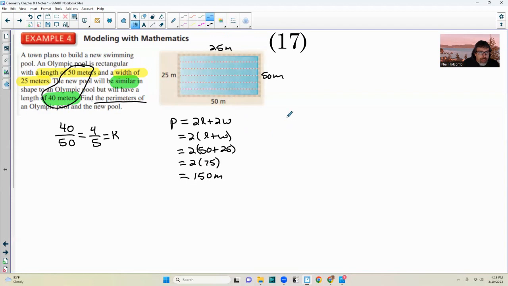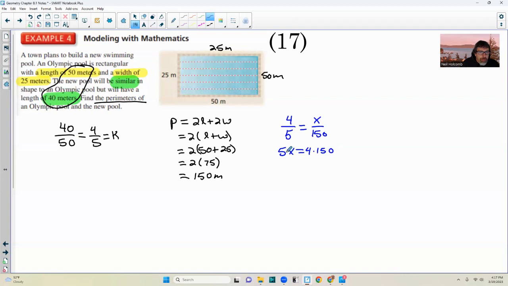Might as well reduce it and keep it simple. 4 over 5, the ratio of the sides, equals the ratio of the perimeters, which is x over 150. Cross multiply, I get 5x equals 4 times 150.